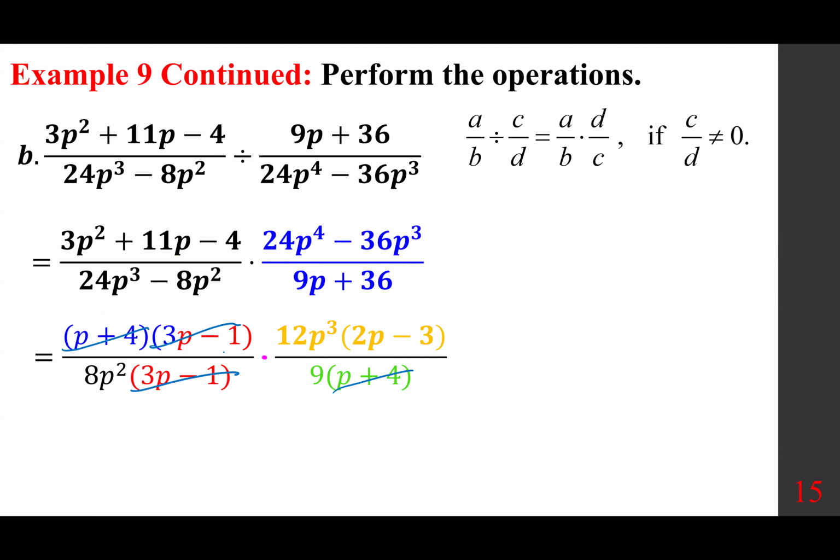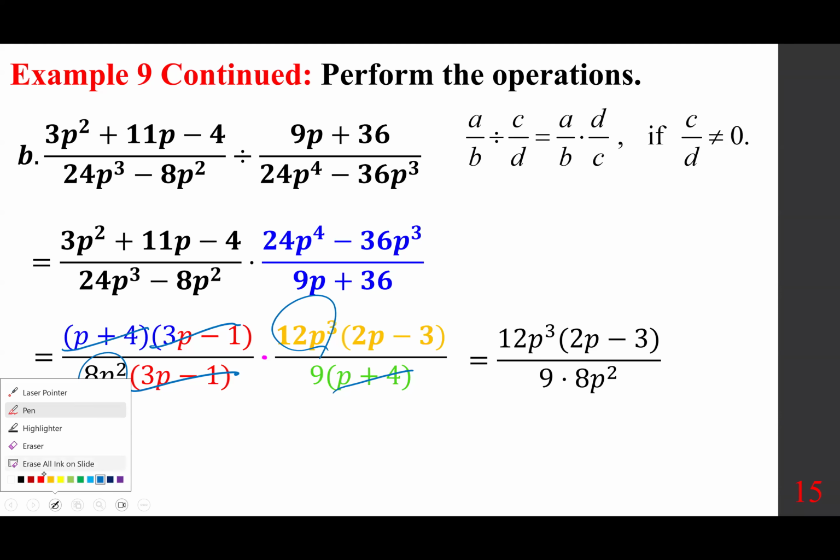3p minus 1, 3p minus 1. Now, we can continue with this, but let's rewrite what is left so we don't make it too crazy. So 12p cubed times 2p minus 3 is left from the top, 9 times 8p squared is left from the bottom.